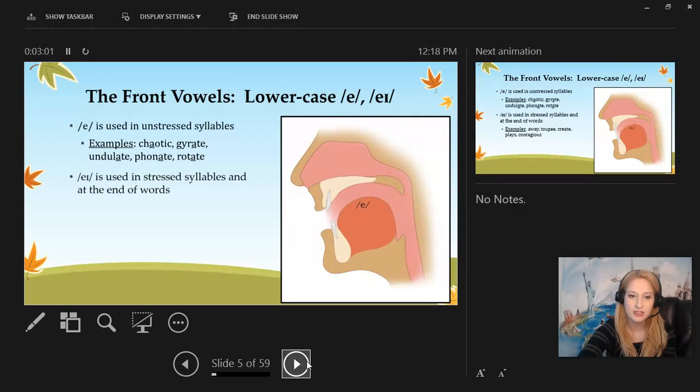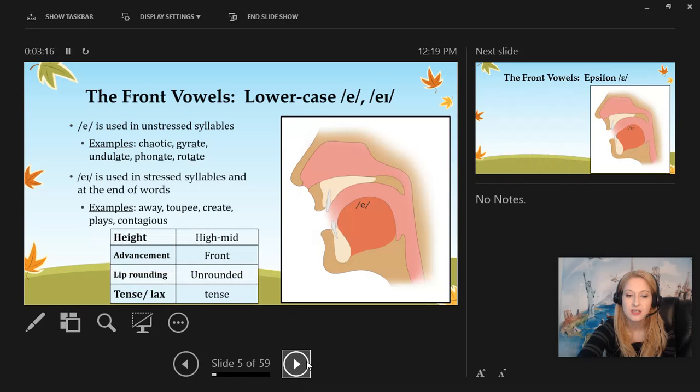And then the diphthong is used in stressed syllables and at the end of words. Examples: away, to pay, create, plays, contagious. The height is high mid, front, unrounded, and tense.